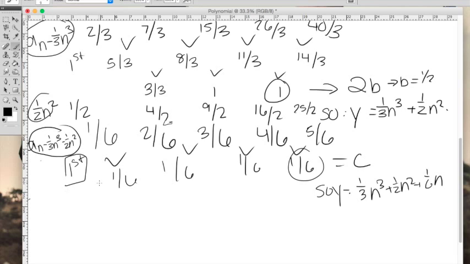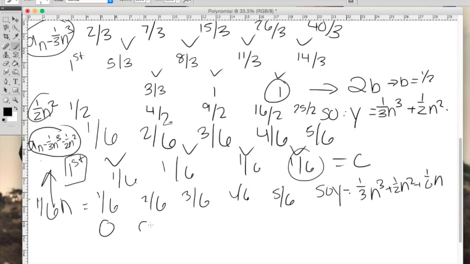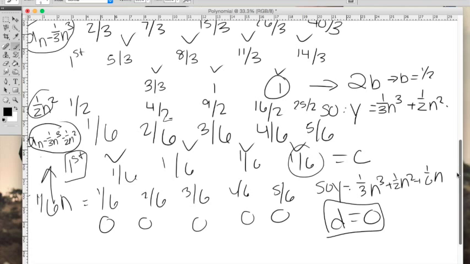Then we do the same thing: 1/6 n equals 1/6, 2/6, 3/6, 4/6, 5/6. And I think you see what will happen, but when we subtract this from this, the answer is 0. So d equals 0.